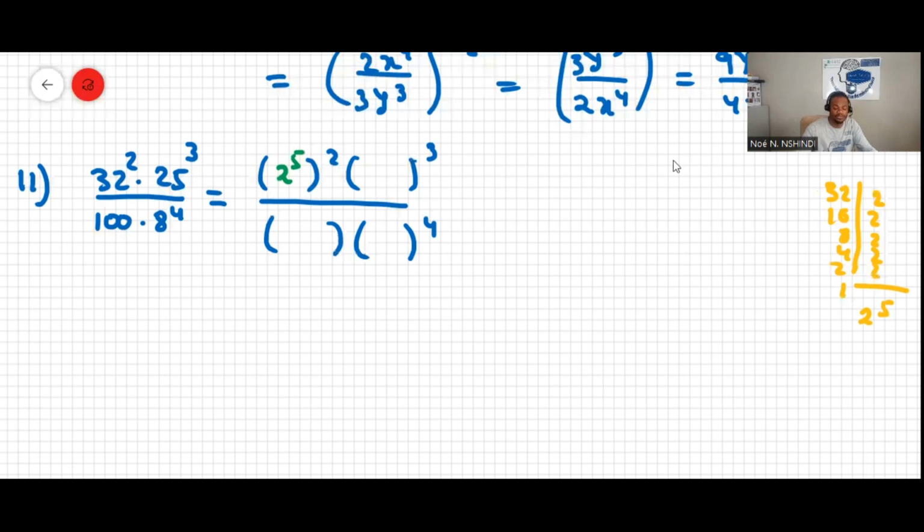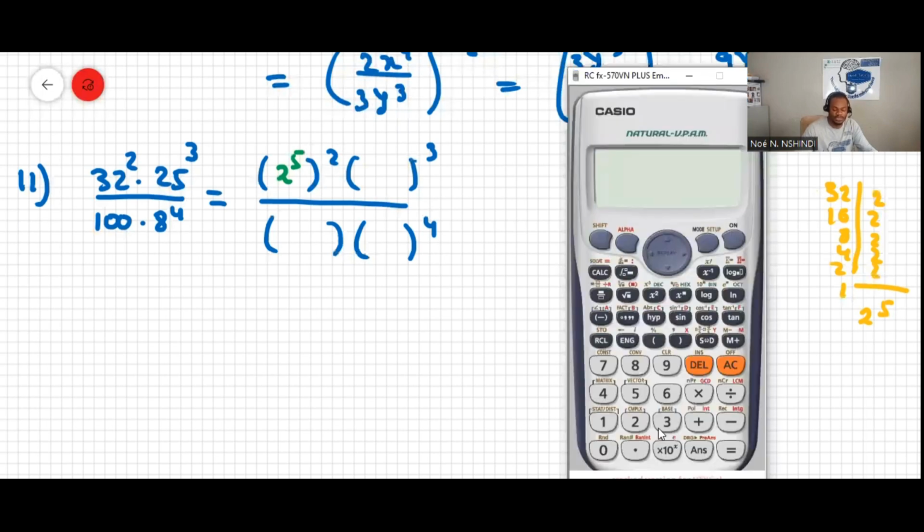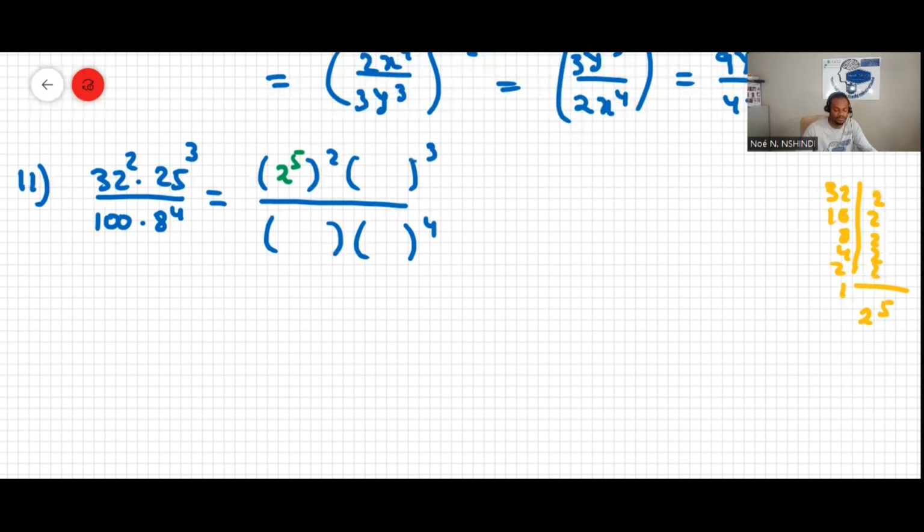Or we can use the calculator. If you do, for instance, 32, and then press the equal button, and then press the shift button, and then press the factor button, it tells you what it is in terms of its prime factors. So also 25 is 5 squared.